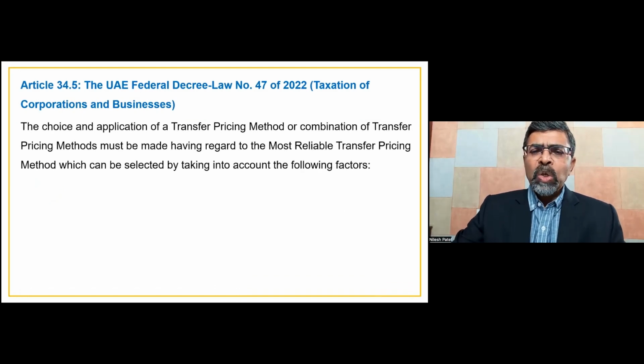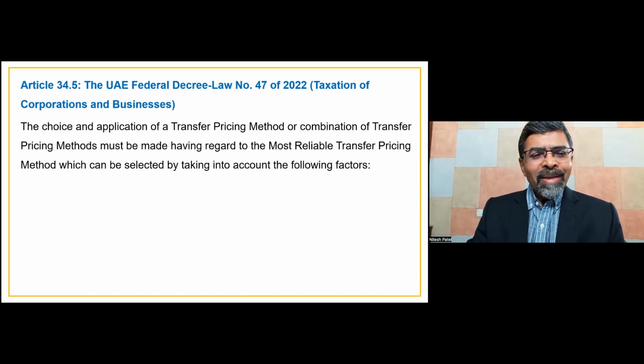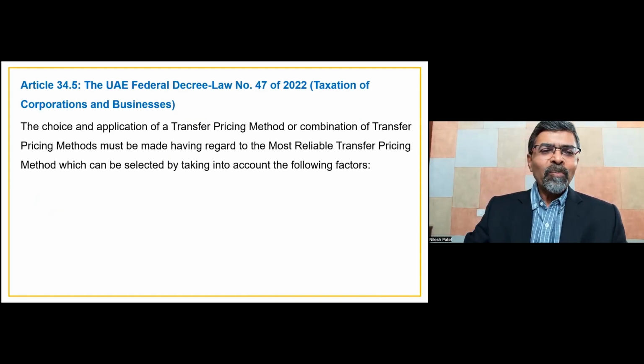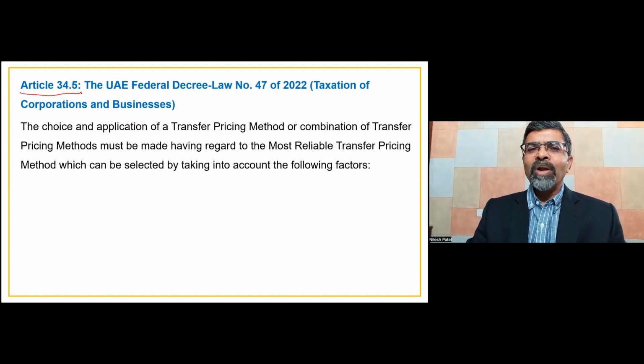Now we come to the issue, out of all these 6 methods, which method can be applied as the most reliable method to determine the arm's length price of any particular transaction between the related parties. For that, Article 34.3 of the UAE Federal Decree Law on Taxation of Corporations and Businesses provides us this guidance.